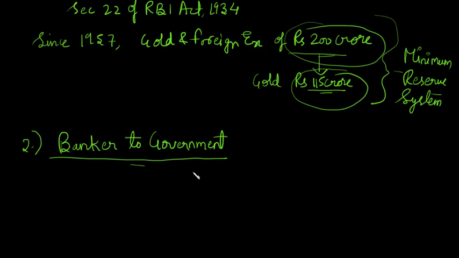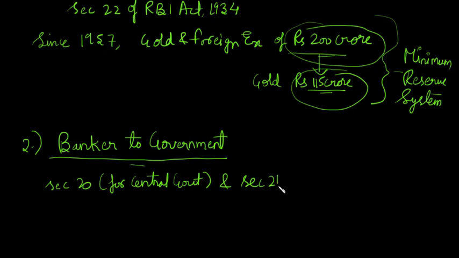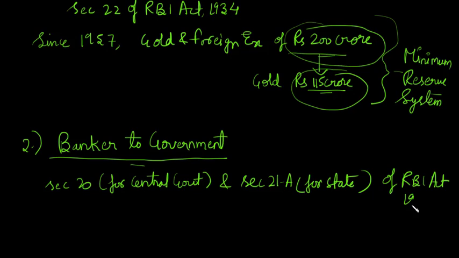So how does it act as banker to government? Because under section 20 for the central government and section 21A for a state government of the RBI Act 1934, RBI transacts government business and manages public debt.